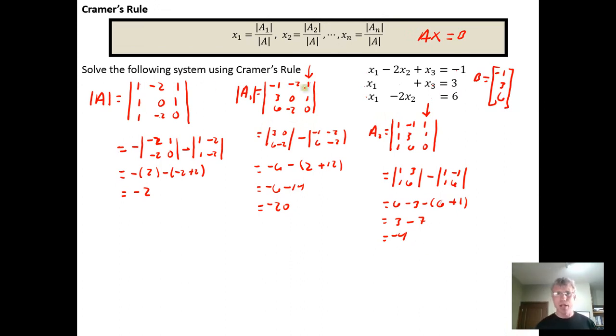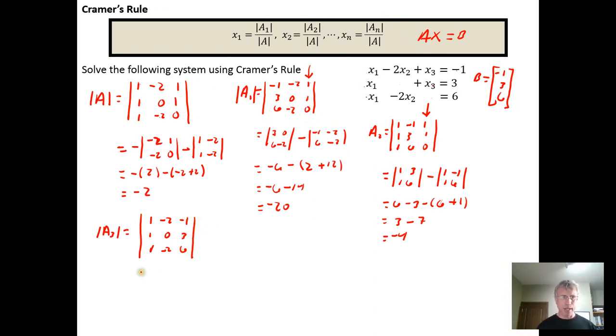And finally, we have to calculate the determinant of A sub 3. So again, we keep the first two columns now. We get 1, 1, 1, negative 2, 0, negative 2. And then we're going to replace column 3 with B, which is negative 1, 3, 6.